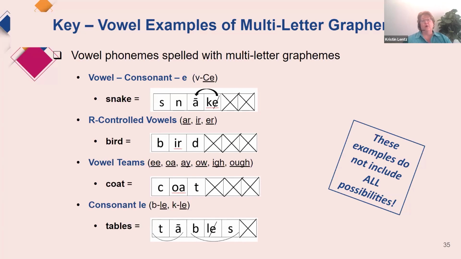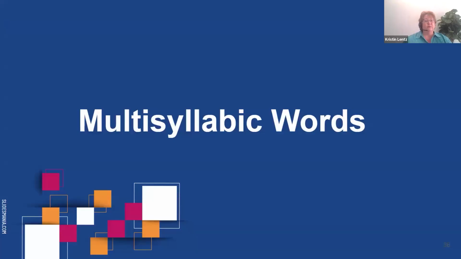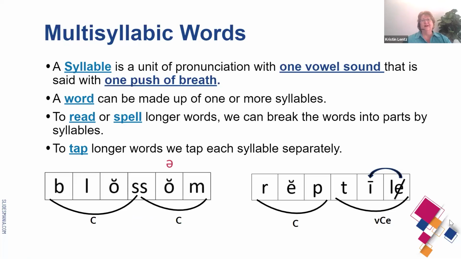Another possibility when you start getting into syllable types, which leads me to mention the multisyllabic words. You can scoop. This is one way that you can do the phoneme-grapheme mapping. When we're talking about syllables, we can scoop them.